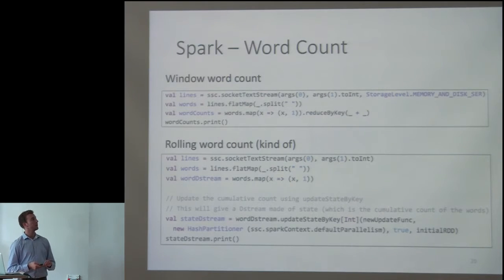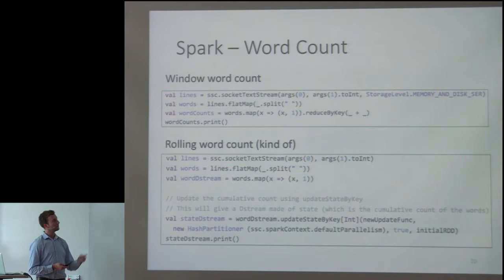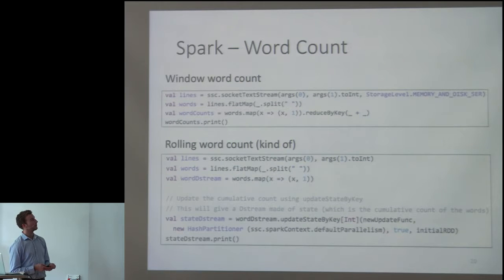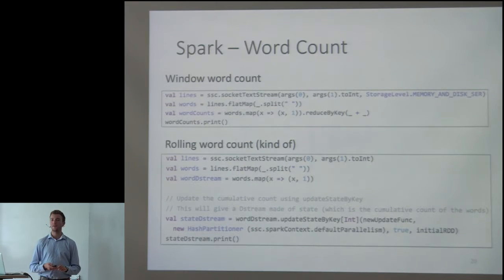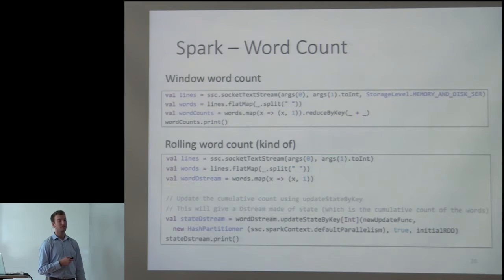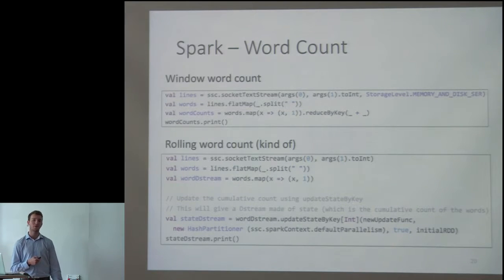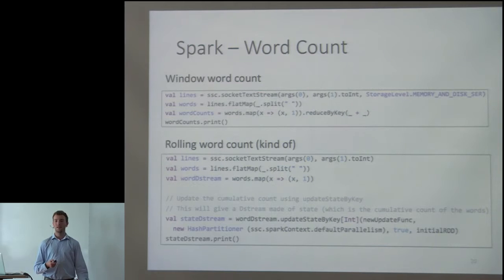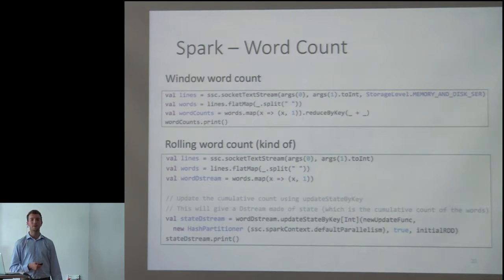Going to the same word count application, here we can see that the program that we write for Spark streaming is very much similar to what we had in Flink. But one thing that you should notice is that here I put window word count on the top. So actually, the program that looks like Flink rolling word count is, in Spark streaming, the window word count.